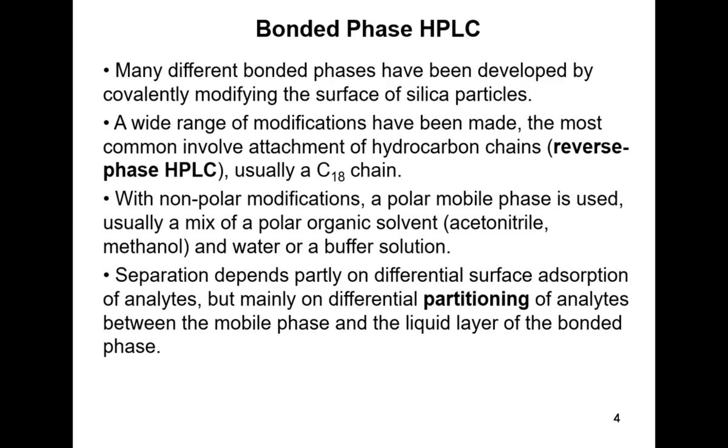But it's mostly done with hydrocarbon chains, most commonly an 18-carbon chain, referred to as octadecyl silica, or ODS, and that's referred to as reverse phase HPLC, because now we've turned the stationary phase into a non-polar material, and we use a polar solvent as the mobile phase.